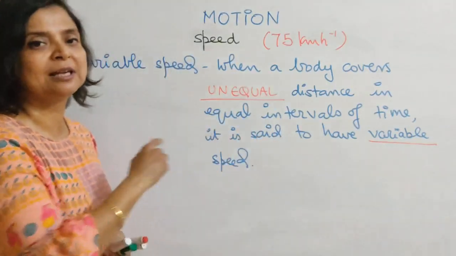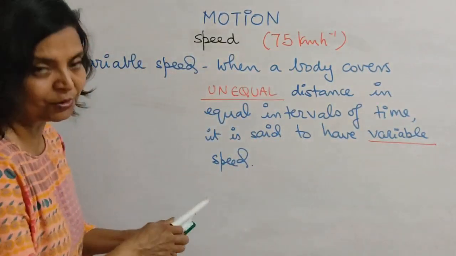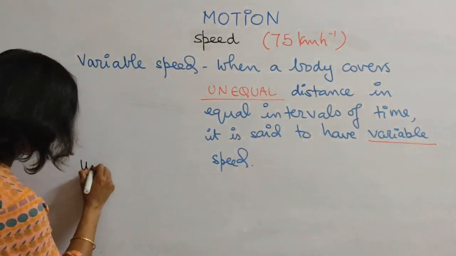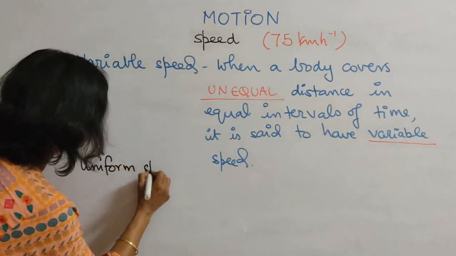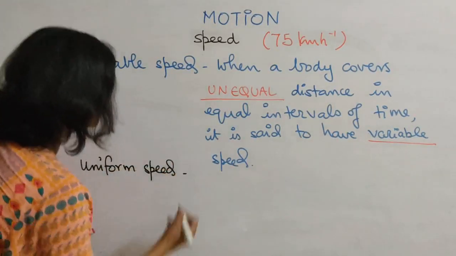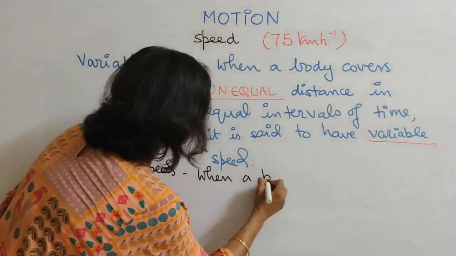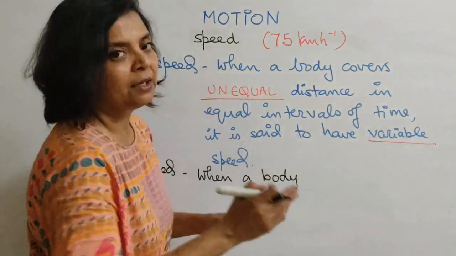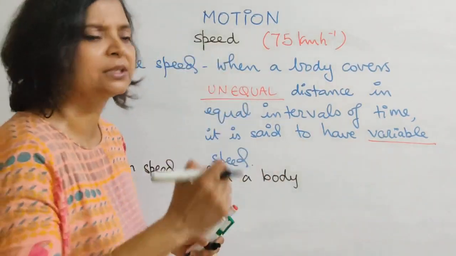Okay, so let me put down the definition for uniform speed. So, what is uniform speed? When a body, just try to correlate the two. When a body, and remember the example of a clock, equal distances in equal intervals of time.